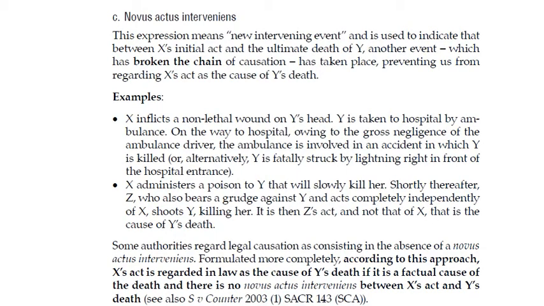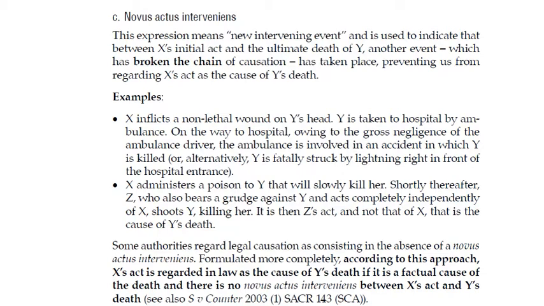This expression means new intervening event, and is used to indicate that between X's initial act and the ultimate death of Y, another event which has broken the chain of causation has taken place, preventing us from regarding X's act as the cause of Y's death.